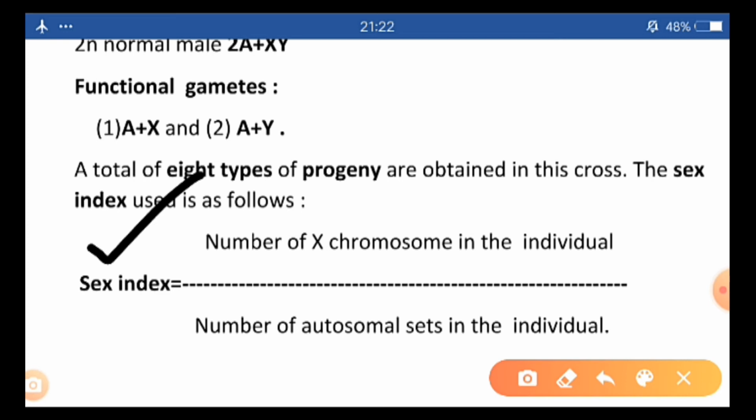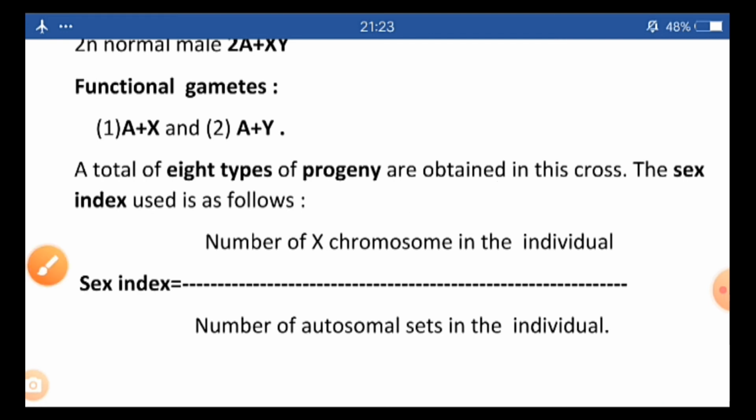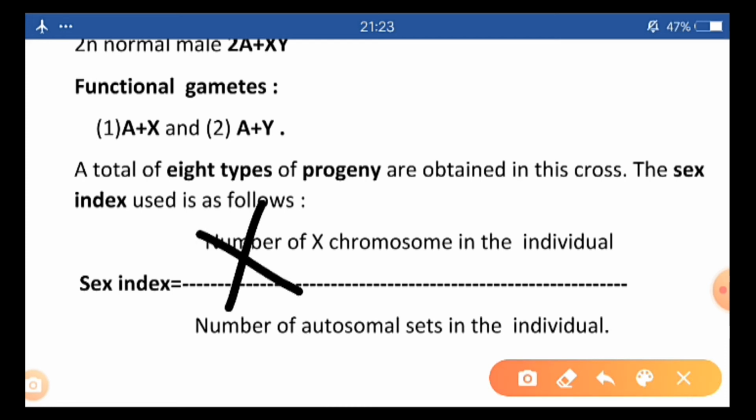What is sex index? It is the determinant of the sexes in Drosophila, and it is calculated by this formula. Number of X chromosome in the individual is divided by number of autosomal sets in the individual. Or simply we may say that the ratio of X and A is termed as sex index, and this is also termed as genic balance.